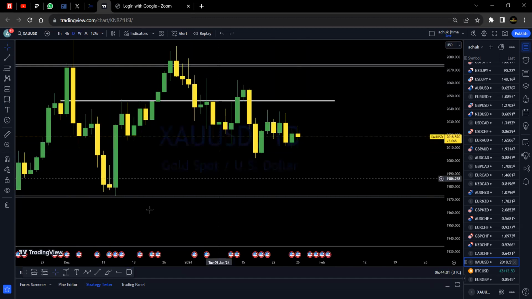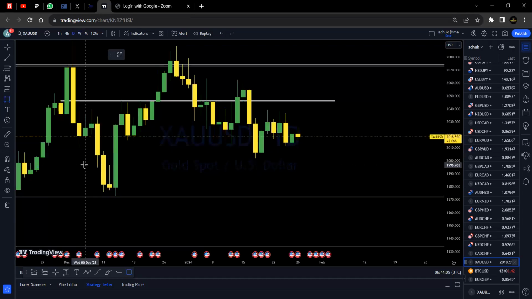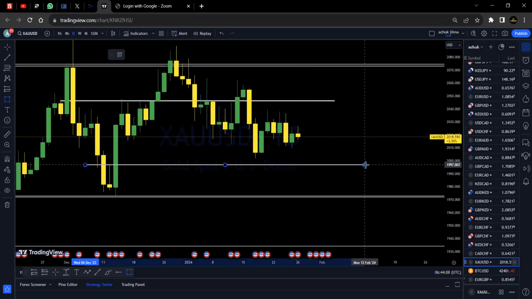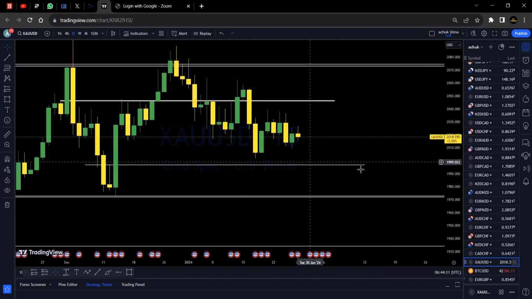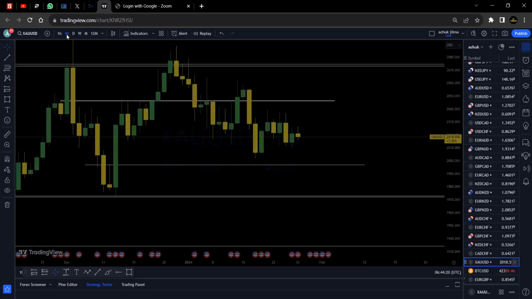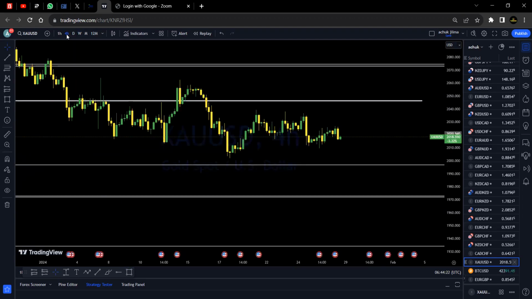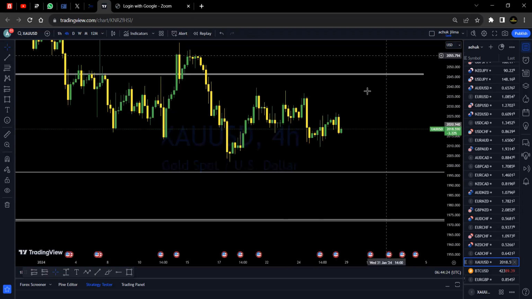So we have a resistance, we have support, and we have this area of breakout, another support. So price is ranging here. You don't want to be caught up in this mess. Maybe wait for price to come to these lows or these highs before you start trading, or if you want to hold trades for long. But right now, there is a bigger range here.